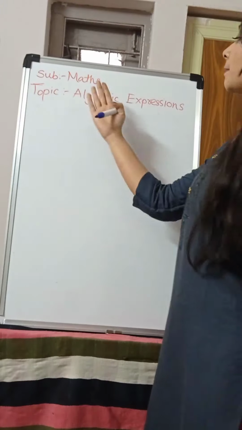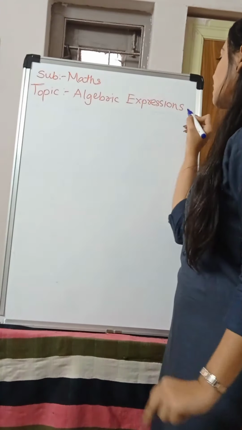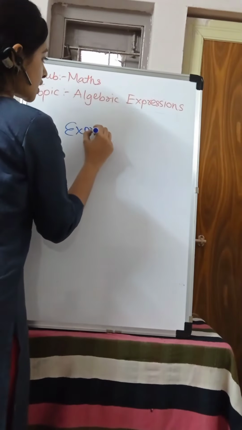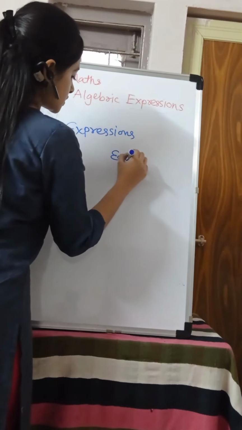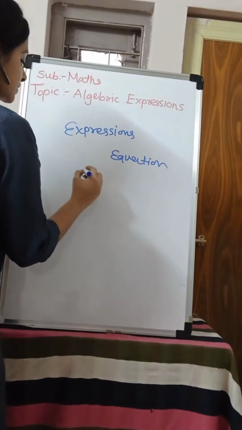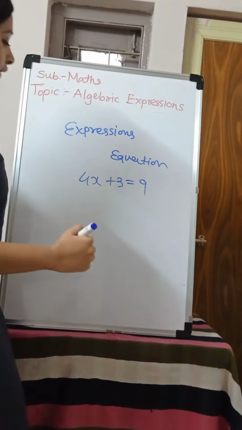So our topic name is algebraic expression. So what is expression first? I want to differentiate these two terms, that is expressions and equations. For that let us consider one example: 4x plus 3 equals 9.